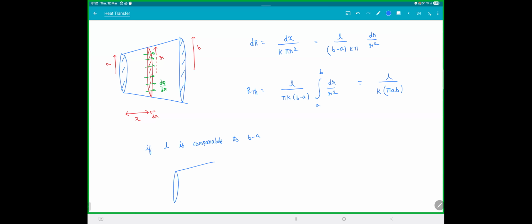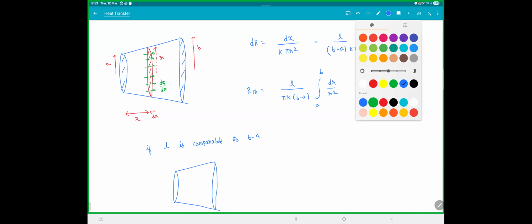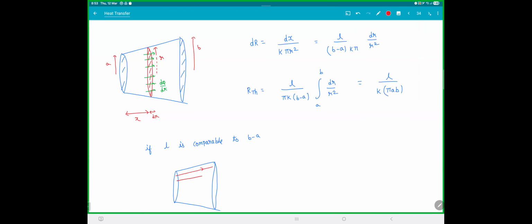right? So the figure which I'm drawing is actually wrong. The heat flow will actually go like this. So if the heat is flowing like this, then this area pi r square is not perpendicular.